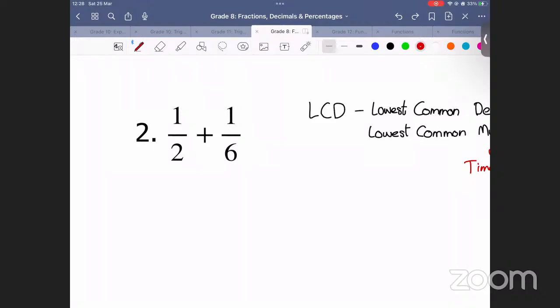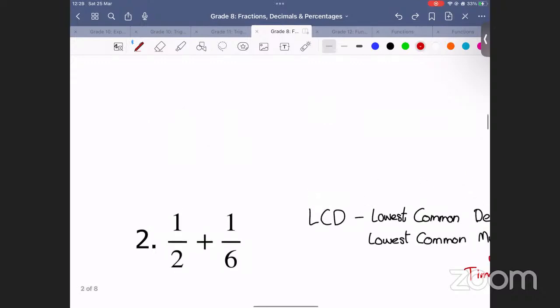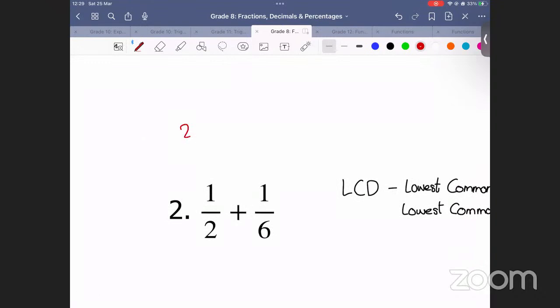Okay, remember we learned how to do lowest common denominator using the factor tree method, and we wrote things as the product of their prime factors, and we got LCD. But these are small numbers, that'd be ridiculous. If you're really stuck, you could write them out. So 2, 4, 6, 8.